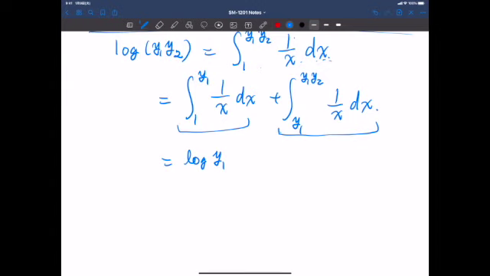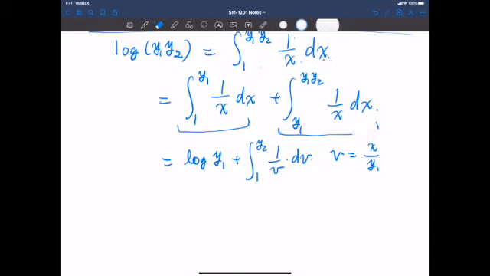And the second integral, let's change the variable from x to v, where v is defined by x over y1. Then the second integral should be equal to the integral from 1 to y2 of 1 over v dv.